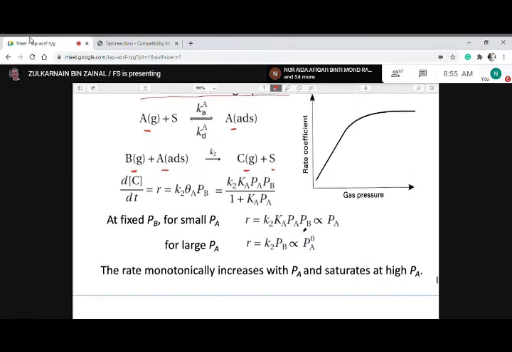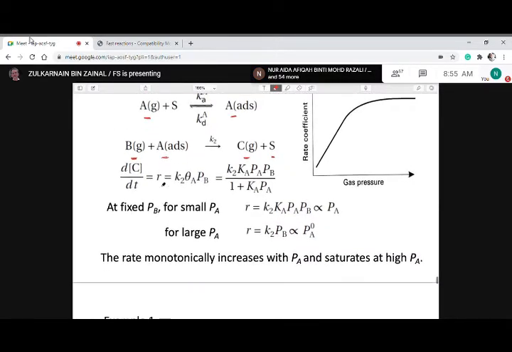Then we can write the rate of the reaction, dC/dt, where C is the product. In this case, it will depend on the surface coverage of A, because A is adsorbed on the surface, and not on the surface coverage of B, but on the pressure of B. Why? Because B is in the gas phase, right?